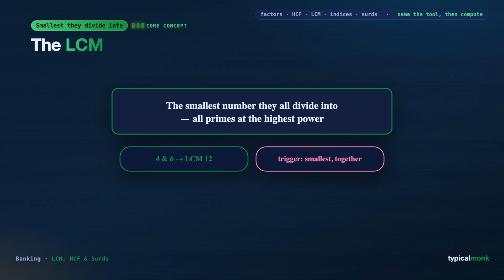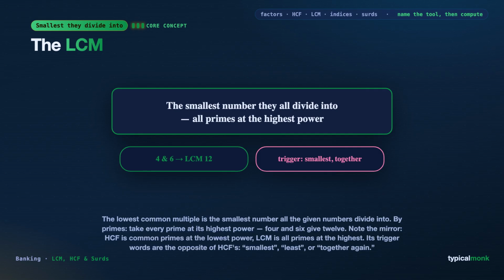The trigger words are smallest, least, and together again. So the takeaway: the LCM is the smallest number that all the given numbers divide into, found by multiplying every prime at its highest power, and it answers questions about the smallest shared quantity or when repeating cycles next coincide.